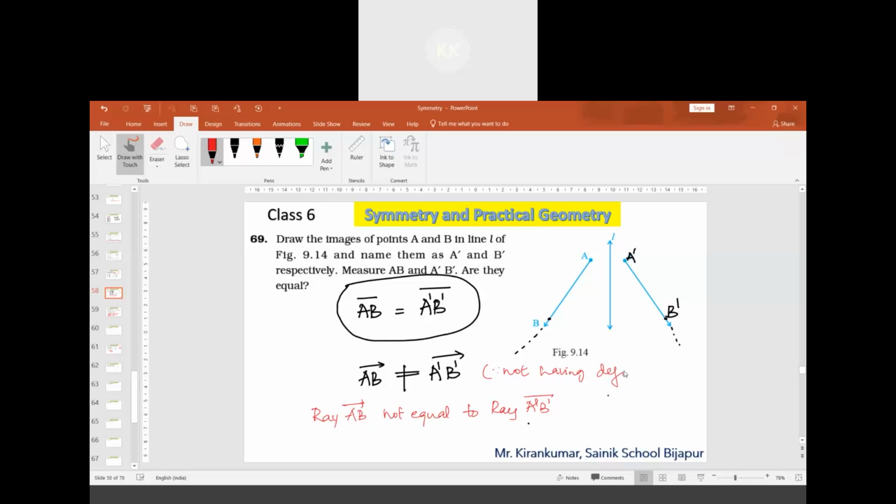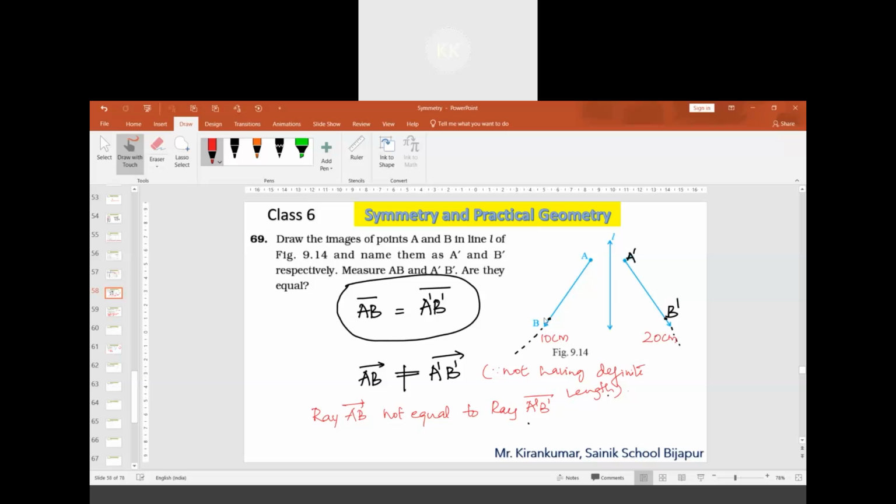If it does not have a definite length, it means that it can be extended in one direction. There is an arrow mark here. It can be extended in this direction. Suppose if you extend it to 10 centimeter, somebody else will extend it to 20 centimeter.